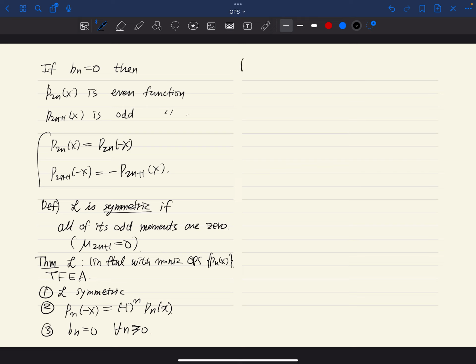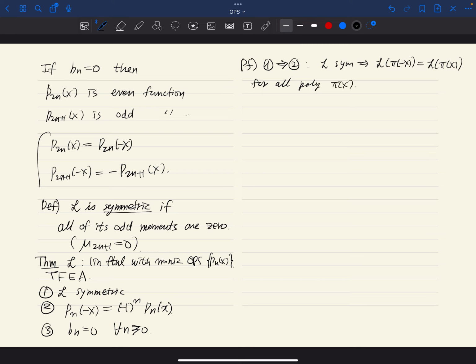Anyway, proof. 1 implies 2. Symmetric, then this. If L is symmetric, that implies L of π(−x) equals L of π(x) for all polynomials π.